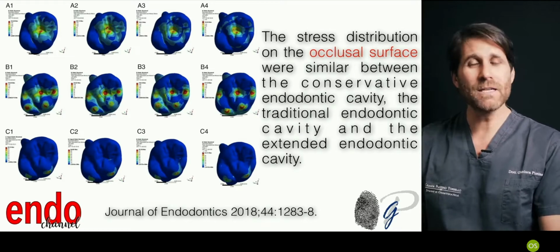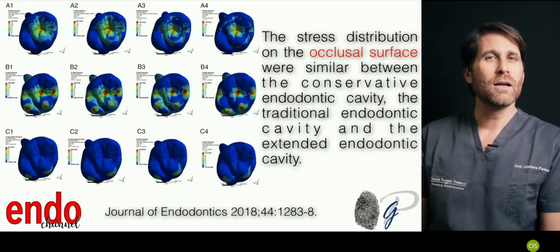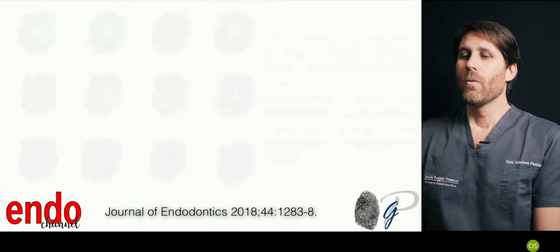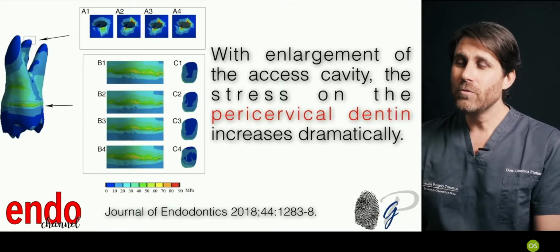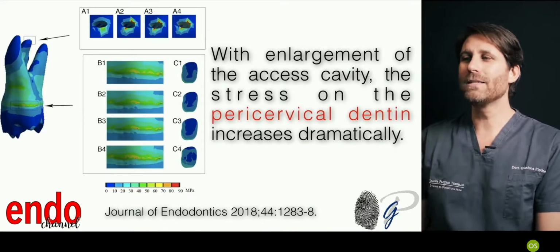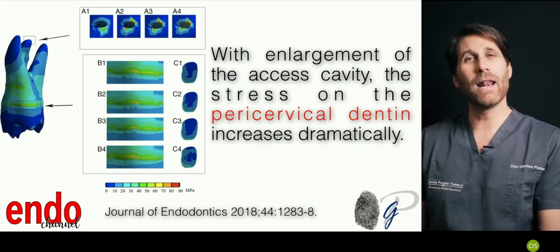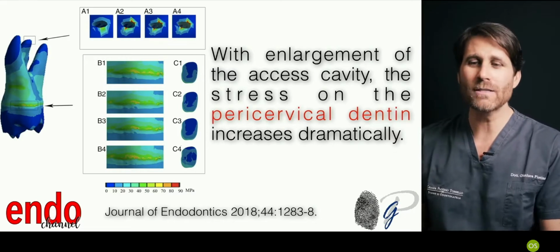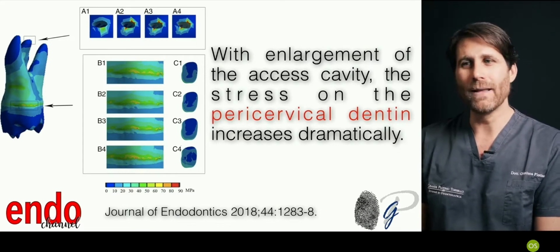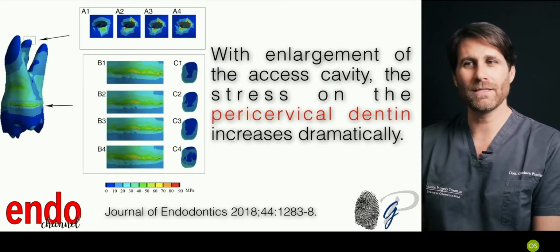Because, as we have seen, the enamel on the occlusal surface does not increase the strength of the tooth so much. While in this study, we see that the stress on the pericervical dentin increased dramatically with enlargement of the access cavity. So as soon as we enlarge the access cavity and remove the pericervical dentin, the stress increased very much on the pericervical dentin.